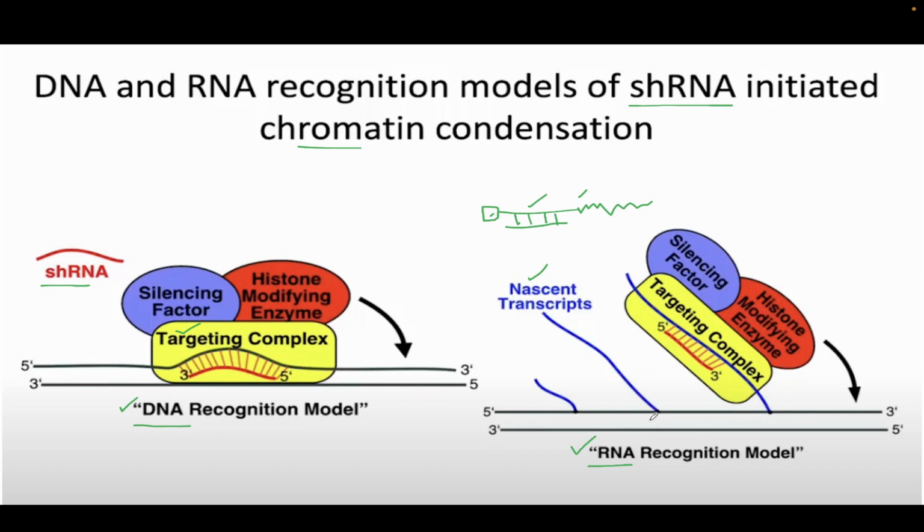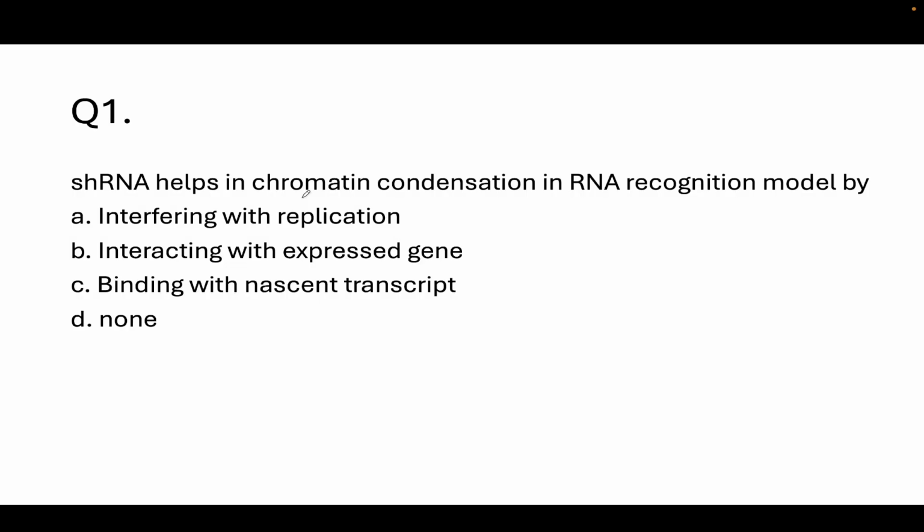That means when the gene gets expressed, then only this shRNA can bind to the mature transcript and form a double stranded RNA, followed by the suppression and chromatin condensation. Understood? So here is your answer: interacting with expressed gene. In the RNA recognition model, it needs to be interacting with the expressed gene, not replication, not nascent transcript.